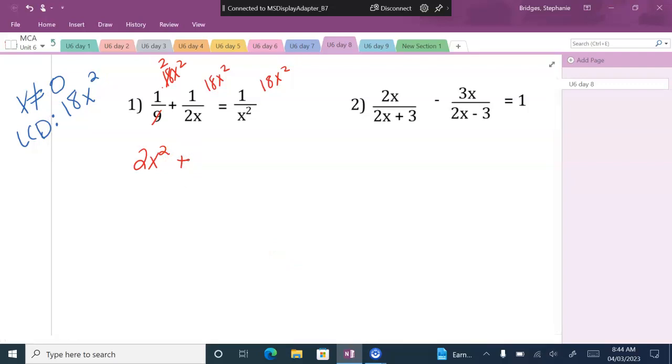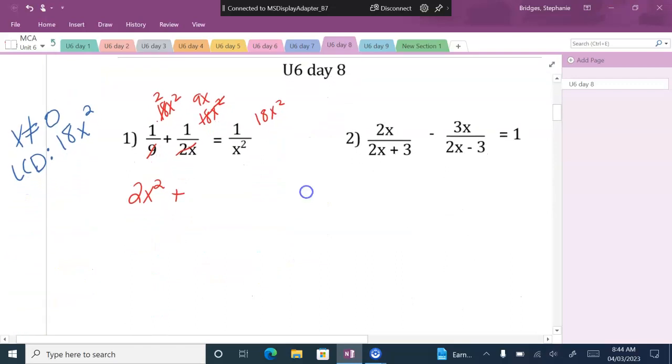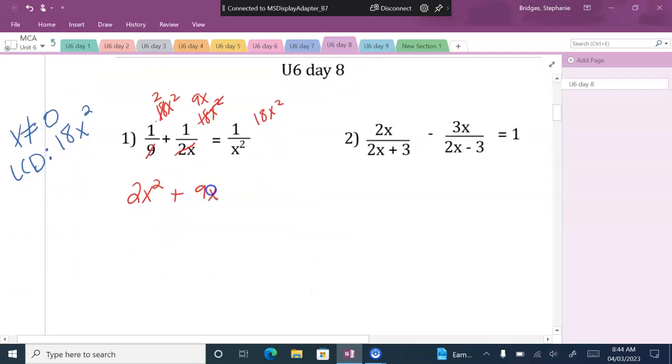Second fraction, my denominator is 2x. If I divide 18x squared by 2x, what's left? 9x. So that 2x disappears. That's all going to turn into just 9x. And I multiply that 9x times the numerator of 1, which is just 9x. Is everybody okay with that?